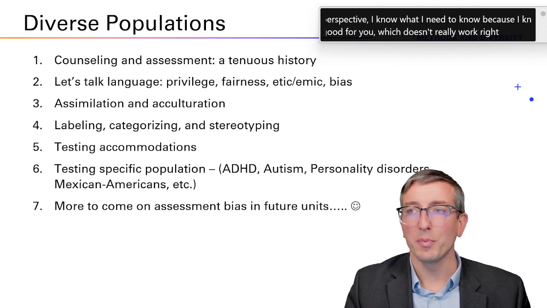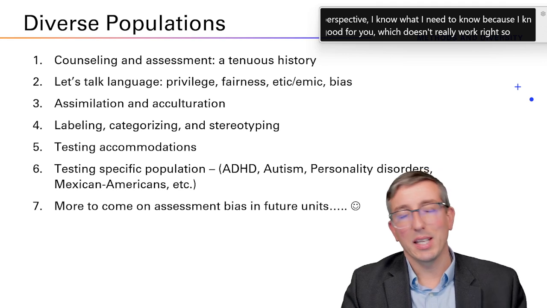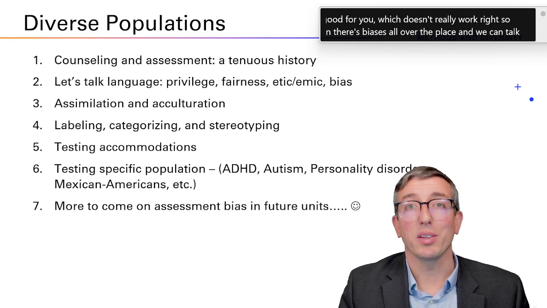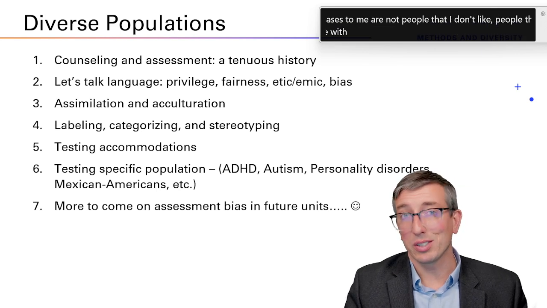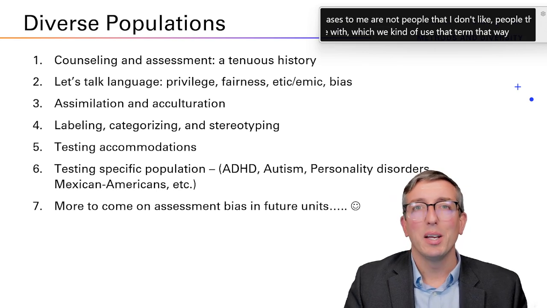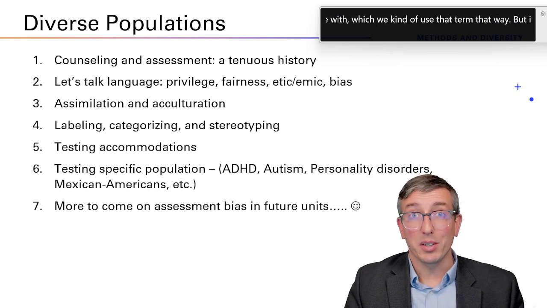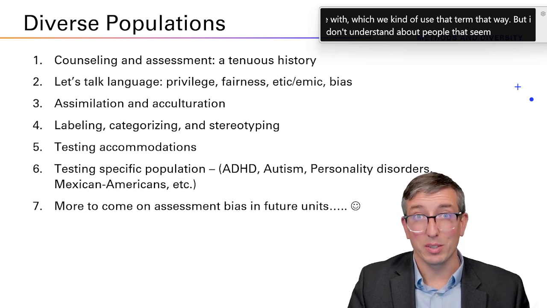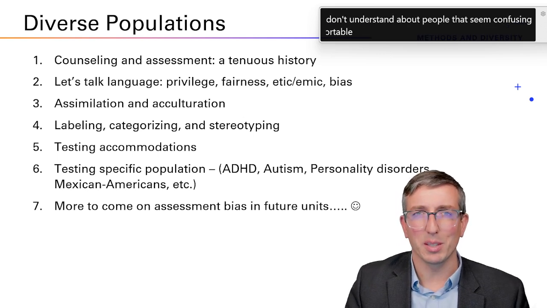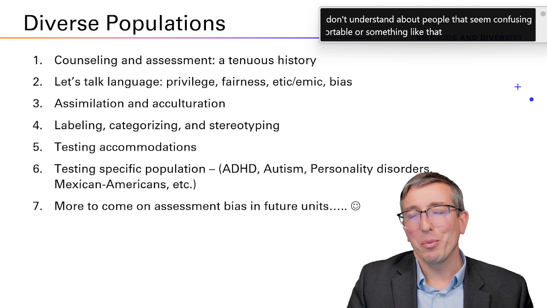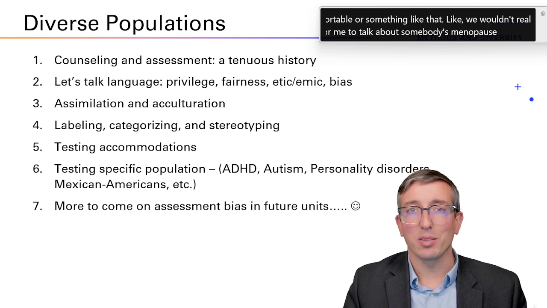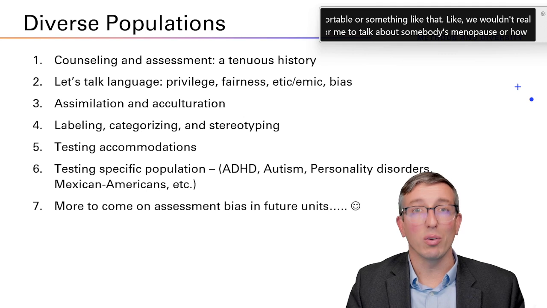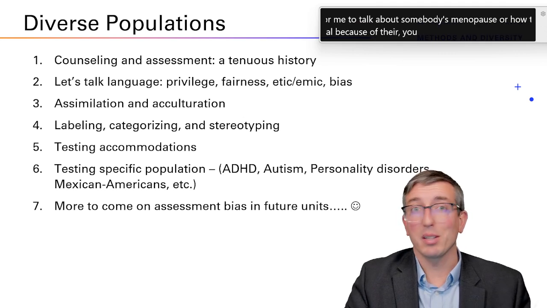And then there's biases all over the place, and we can talk about those. Biases to me are not just people that I don't like or people that I disagree with, which we kind of use that term for, but also things I don't understand about people that seem confusing or uncomfortable. Like, we wouldn't really call it a bias for me to talk about somebody's menopause or how they're hormonal because of their monthly menstruation cycle.